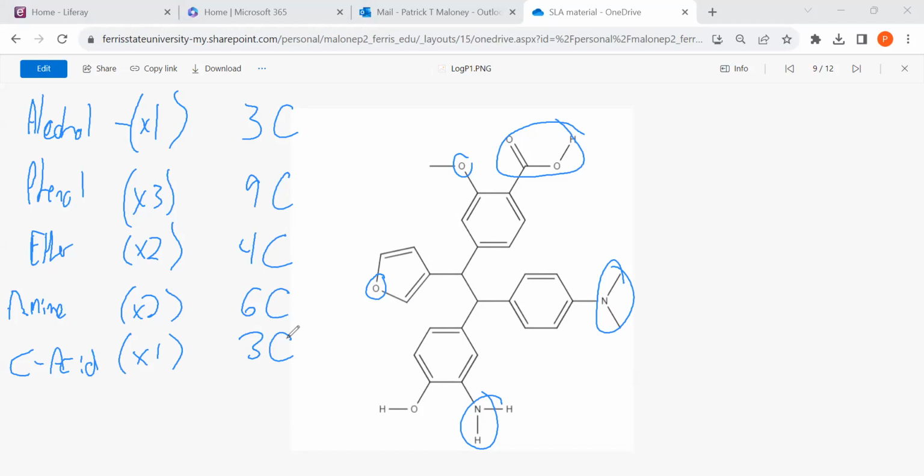Okay, so what do we have accounted for? Let me get red out. Those are all counted for. Those are accounted for. That is accounted for.